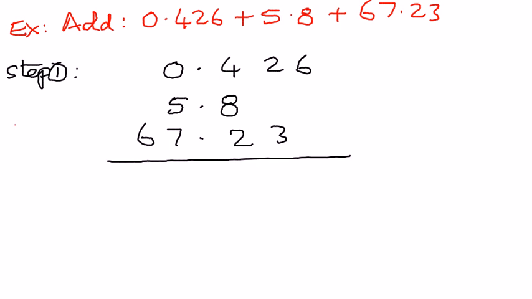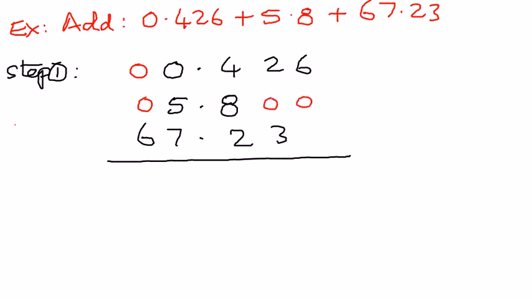I want to make sure that we line up these numbers in these columns accordingly, so that the numbers before the decimal point or after the decimal point are aligned. If I were to say 0.426, it's the same thing as 0.426. 5.8 or 5.800 means exactly the same thing.